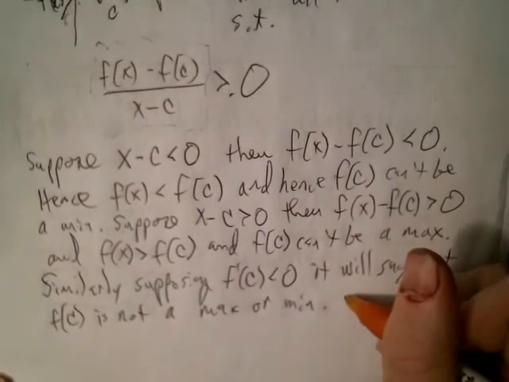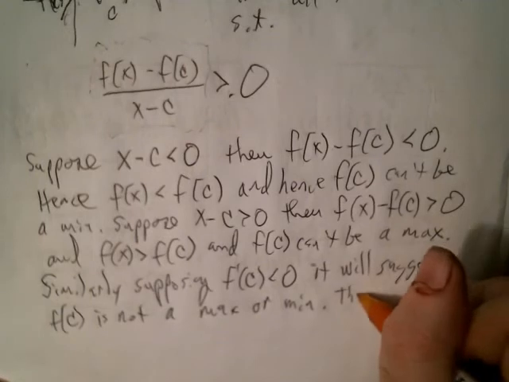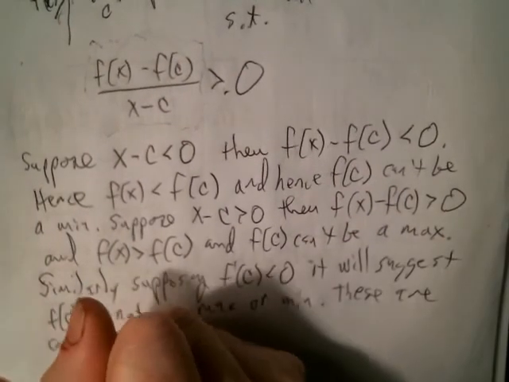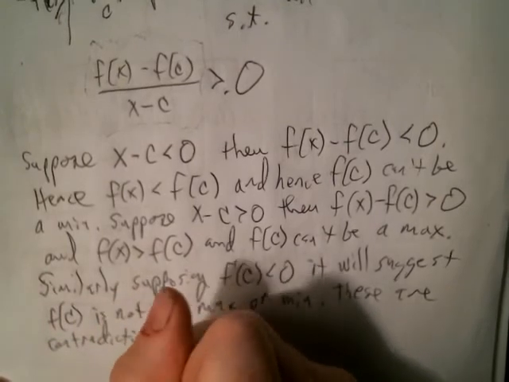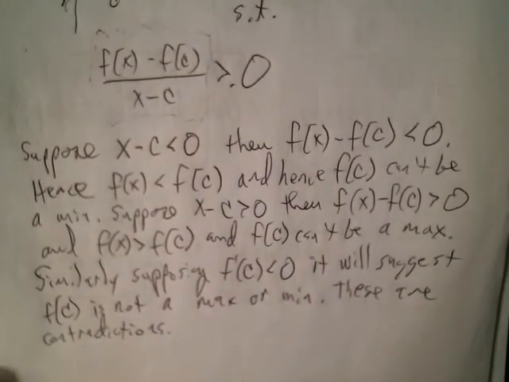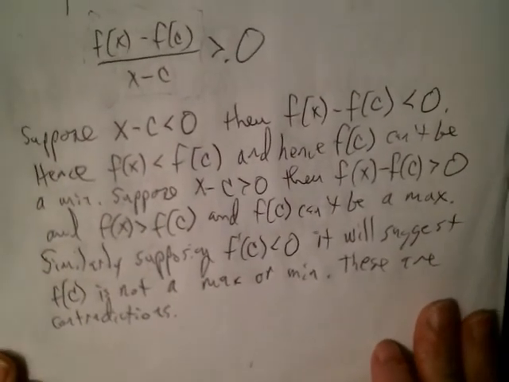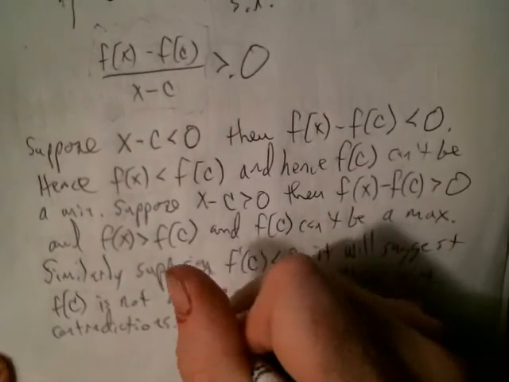Okay, and these are contradictions because of our initial assumptions. So the only possibility left then is that f prime of c is in fact equal to 0.